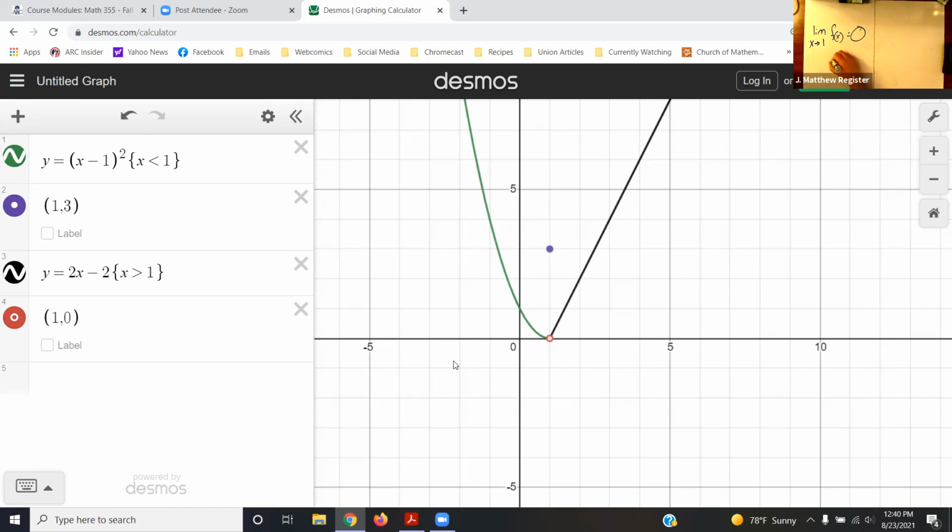Notice though that f of x, or f of 1, is actually equal to 3. Your limit does not necessarily reflect what the actual value of the function is. So down here is our limit. Up here is the actual value. It is okay for these things to be different.